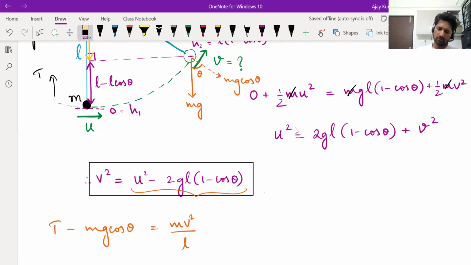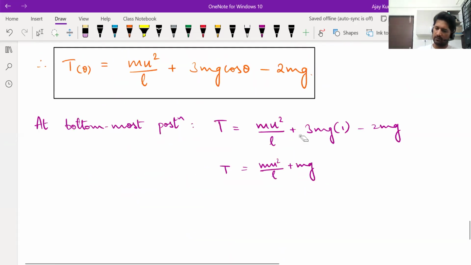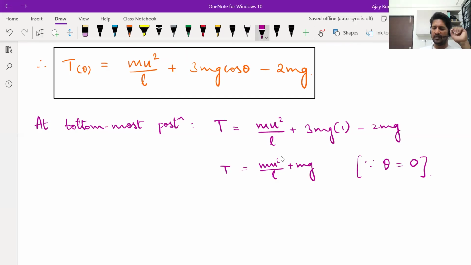So for the bottommost position, theta is 0. I'll write it in brackets here. Now as the bob swings, theta increases. One of you tell me, as theta increases from 0, starting from 0, what happens to cos theta?